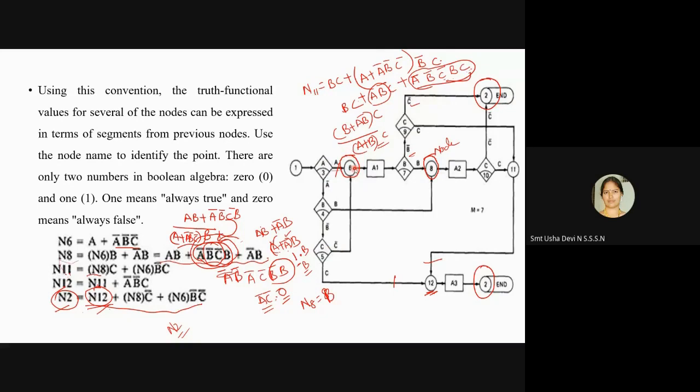No. So N6 is equal to, what is the expression for N6 node? Similarly, how you are solving digital logic design circuits, in a similar way, we are solving this. There is not much difference here. You can easily observe that. Here also we follow the same Boolean algebra expression evaluation, right?